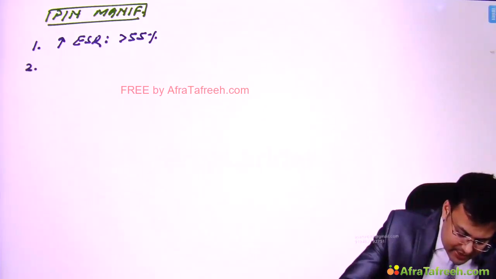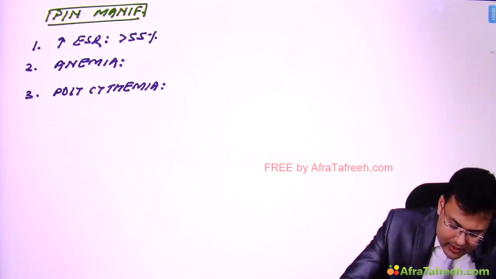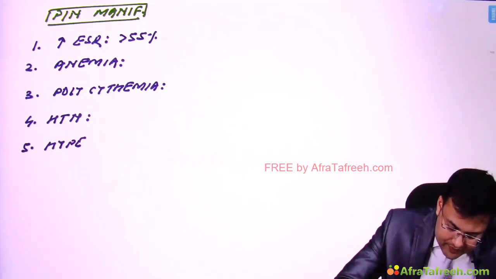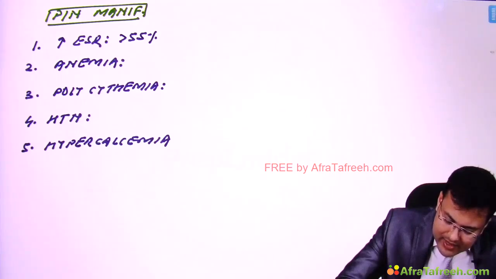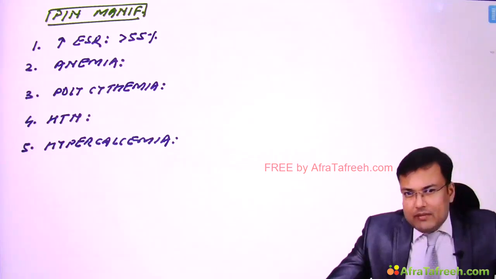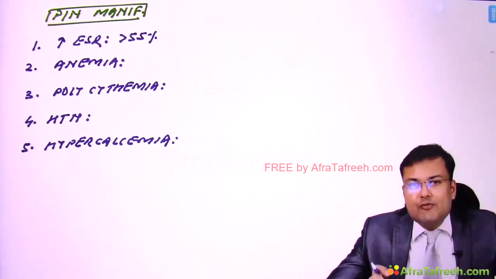These patients might have anemia, polycythemia. Patient can develop hypertension, there is hypercalcemia, and patient might have non-metastatic hepatic dysfunction. And what's the name of this condition? Non-metastatic hepatic dysfunction. This is known as Stauffer syndrome.